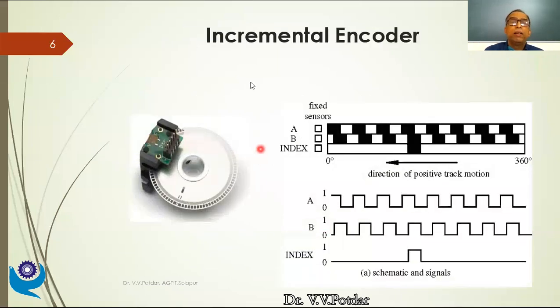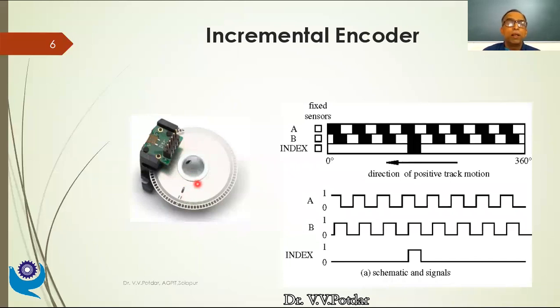Let us see this incremental encoder now. As I said earlier, it not only gives me position alone, it can give me the distance traveled as well, or it can give me RPM as well. Once again, unlike my absolute encoder, it will not have as many tracks along the radius.